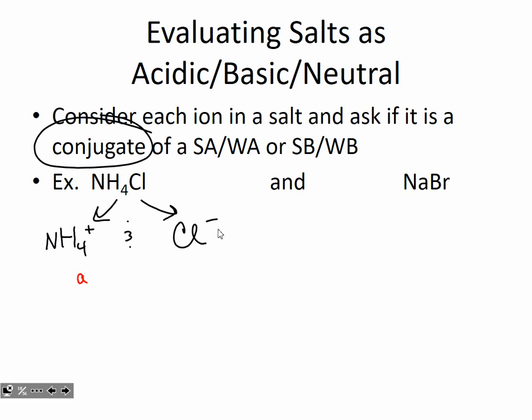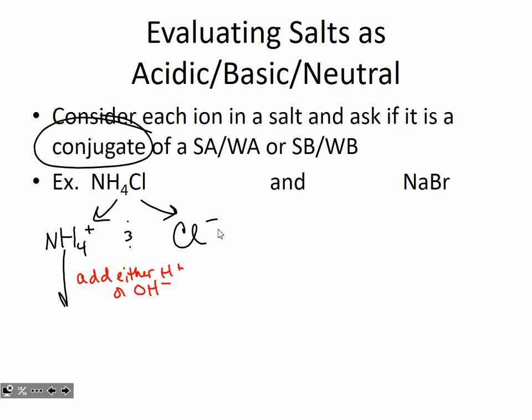You can add either H+ or OH- to get the acid or base that it, quote unquote, came from. Basically, when I say it came from, it means that's the acid or base that it's the conjugate of, the acid or base that you would have started with that would have then generated that particular ion.